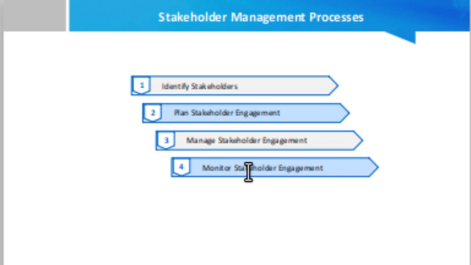So basically monitoring means that you are watching and analyzing the involvement of stakeholders. If any correction or any action is required to enhance the involvement of stakeholders, then you have to take it immediately, so that your project becomes successful.